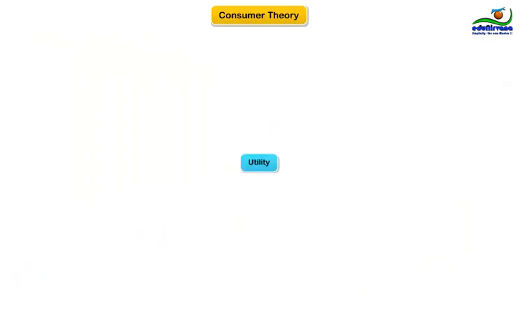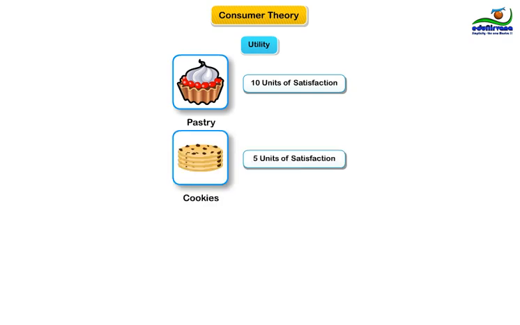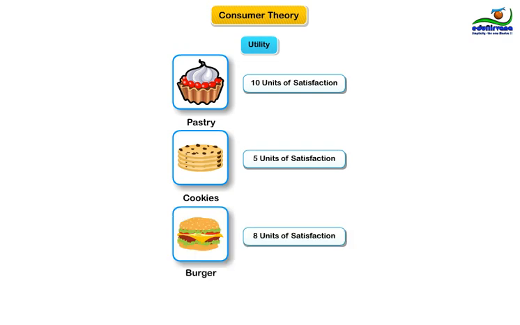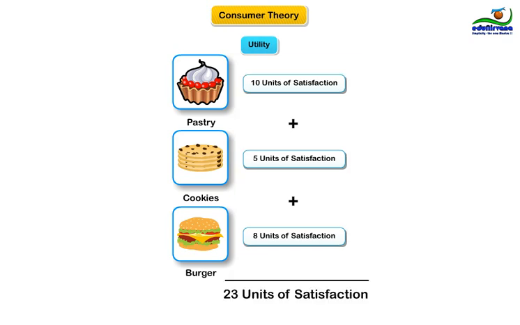Let's say you derive 10 units of satisfaction from eating pastry, 5 units by eating cookies, and 8 units by eating a burger when you are hungry. So, if you eat all of these, your total utility would be 10 plus 5 plus 8, which is equal to 23.